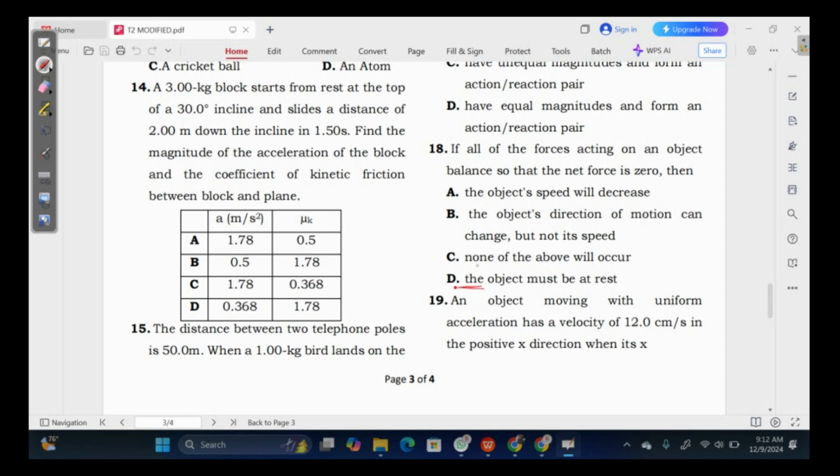So if this is on top, D was not part of it. This is not going to happen, this is not going to happen. None of the above is going to occur. That is very true. A and B is not going to happen, but we have the best answer already. So if we didn't have D, the answer would have been C.